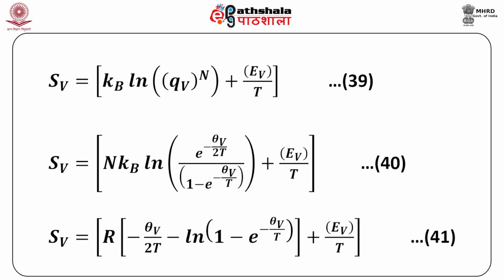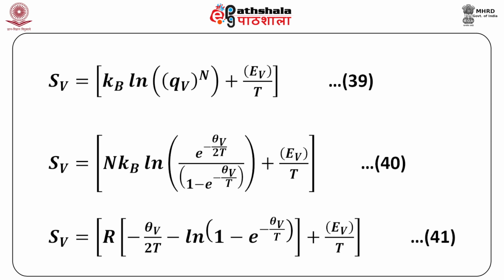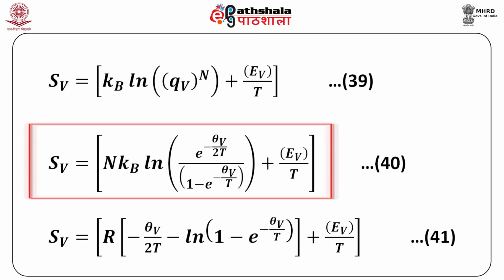As we have already learned, as shown in equation 39, the vibrational contribution to entropy is given by the expression S v is equal to k B ln q v raised to the power N plus E v by T. Now, we substitute the value of q v from equation 20, which we have already derived, and then we have S v is equal to N k B ln of e to the power minus theta v by 2T divided by 1 minus e to the power minus theta v by T, plus E v by T, as shown in equation 40.